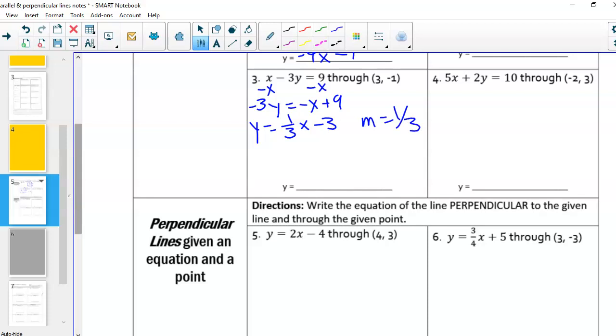So now again, we have m, we have x, we have y. We need to find b. So it would be -1 equals 1/3 times 3 plus b. 1/3 times 3 is 1.